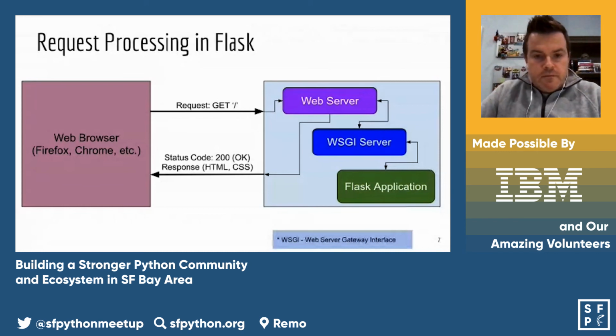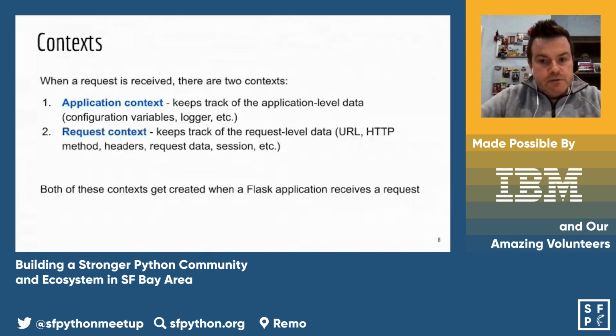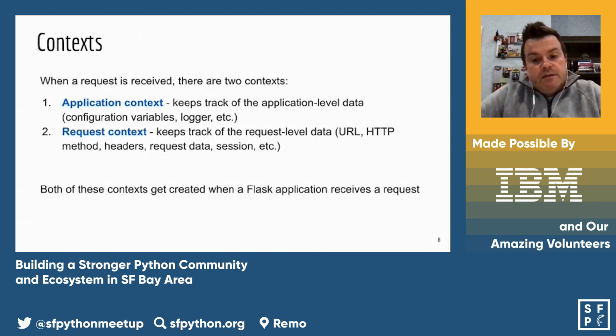So, contexts. When this request is received by the Flask application, there are two contexts that we're concerned with: the application context and the request context. The application context keeps track of application-level data, which is configuration variables, such as your secret key. That's also where the logger is stored.